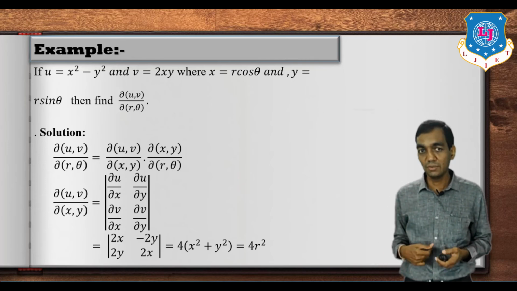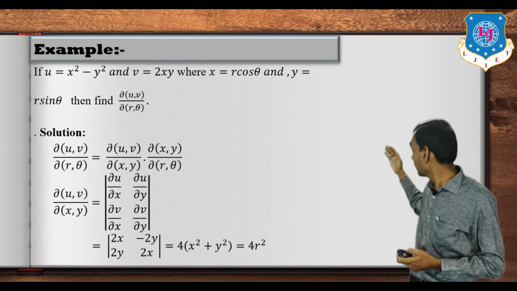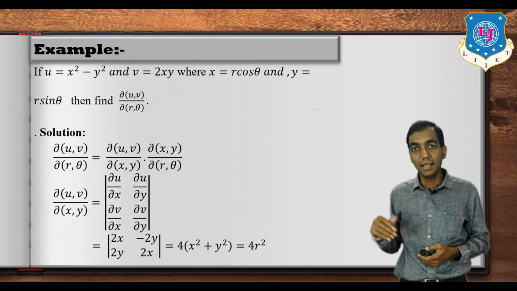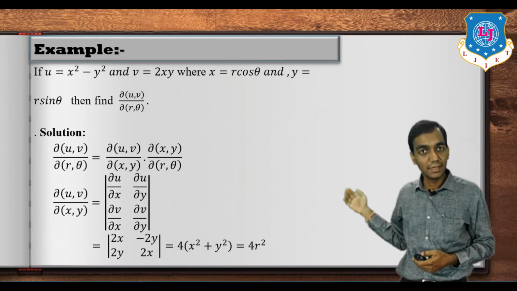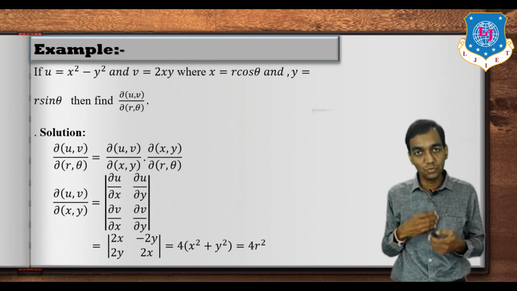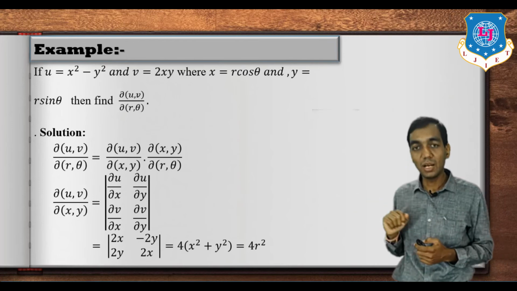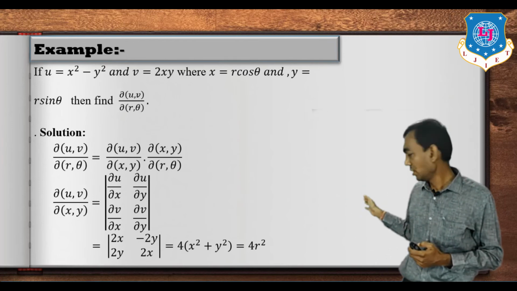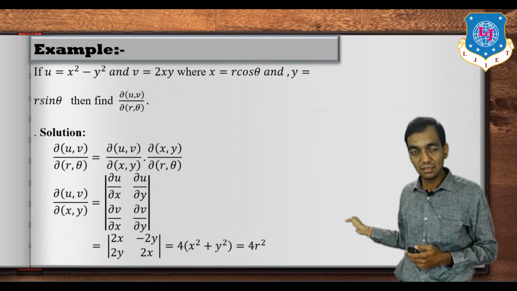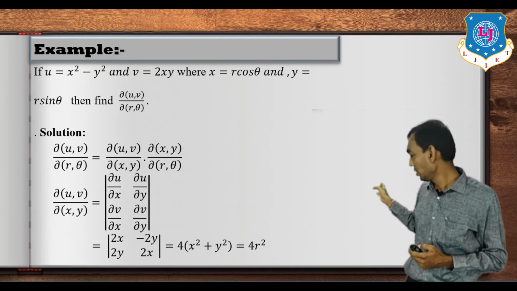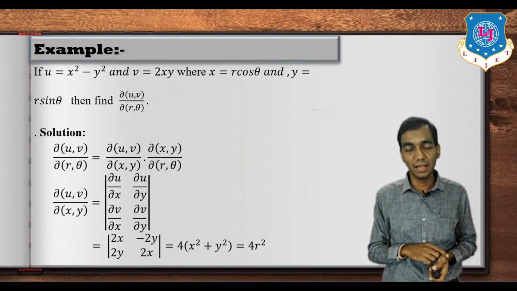See here, u and v are functions of x and y, and x and y are functions of r and θ. So we are going to apply the chain rule. So the Jacobian of u, v with respect to r, θ is the Jacobian of u, v with respect to x, y into the Jacobian of x, y with respect to r, θ.